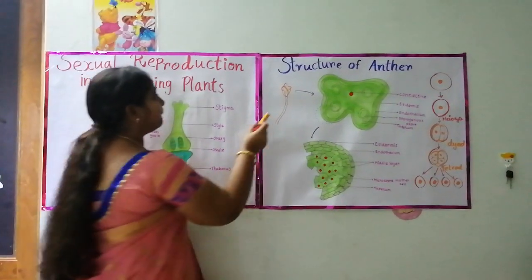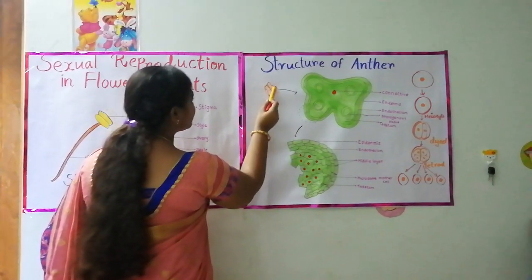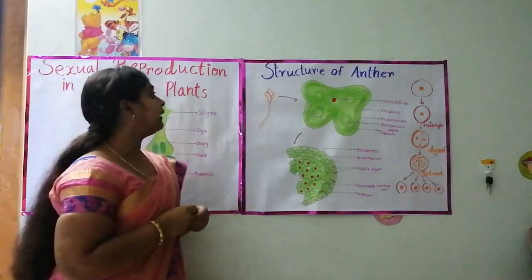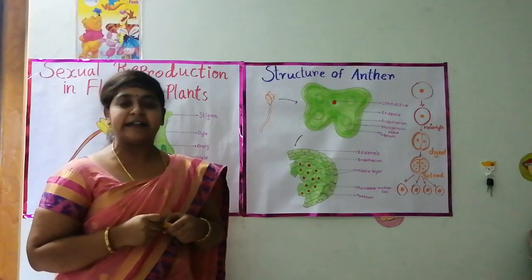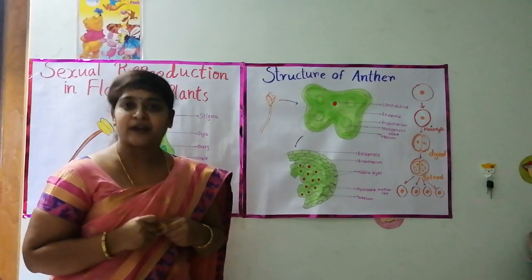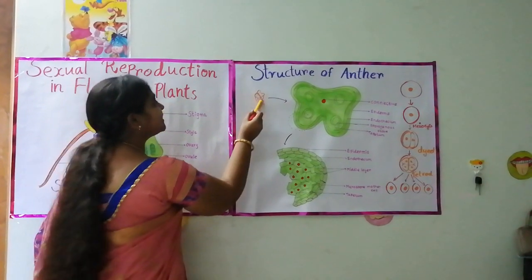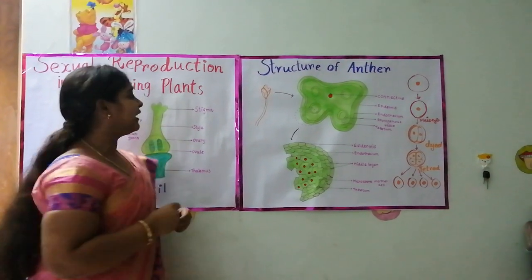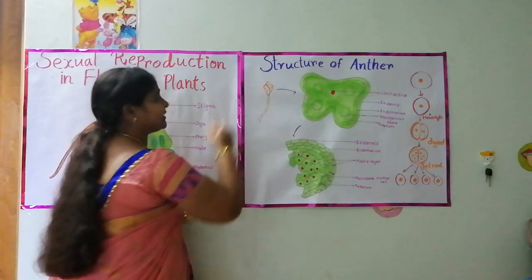In each lobe there are small hole-like structures called pollen sacs, also called microsporangia. Each lobe contains two pollen sacs.